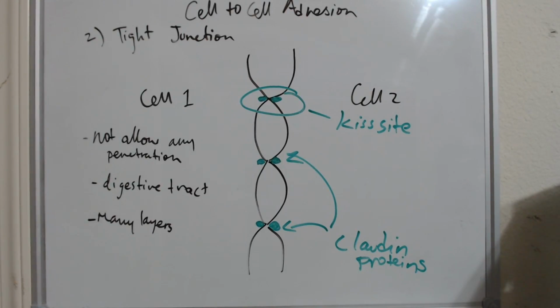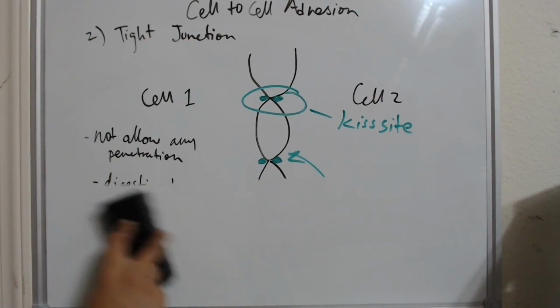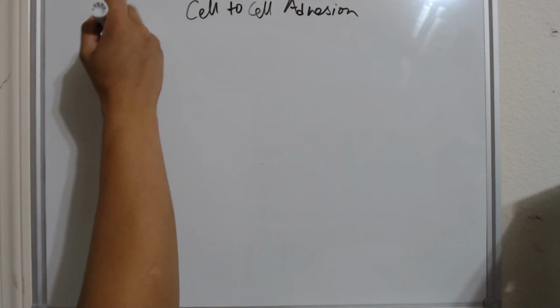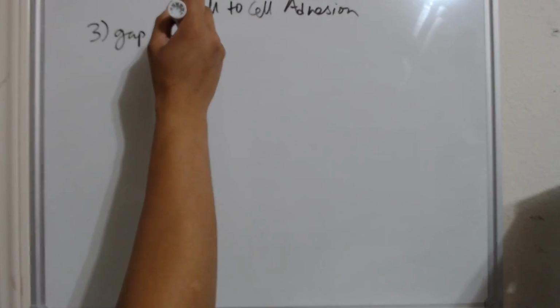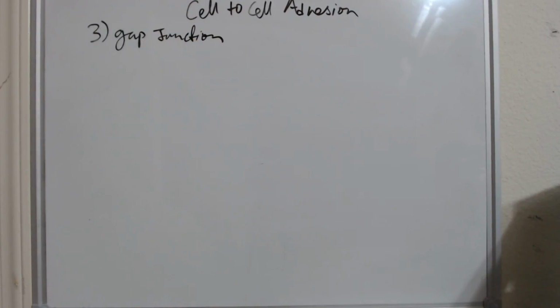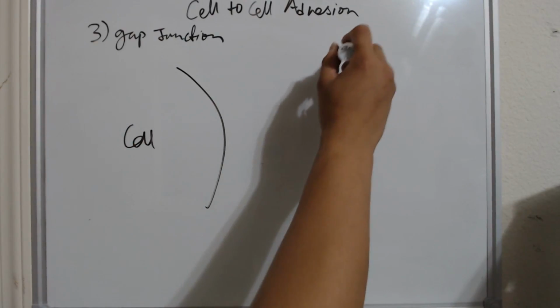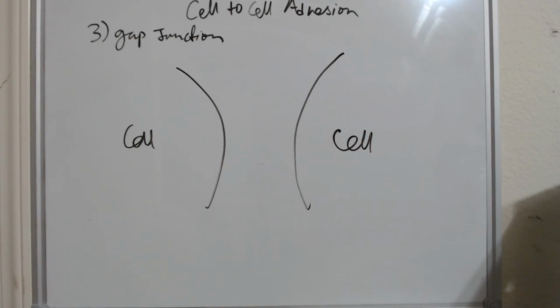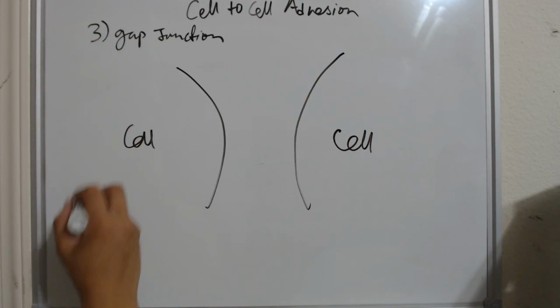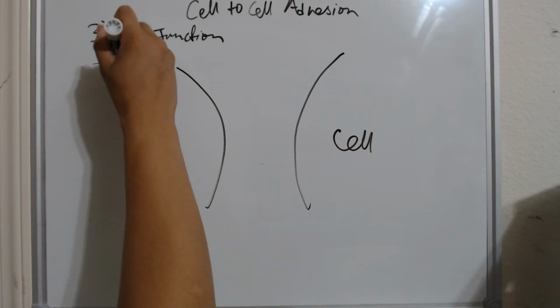The last one is called a gap junction. So there is, of course, a gap, and there are two cells, and the point of the gap junction is for communication.